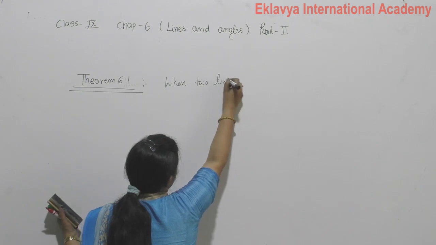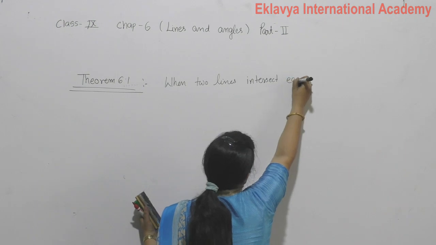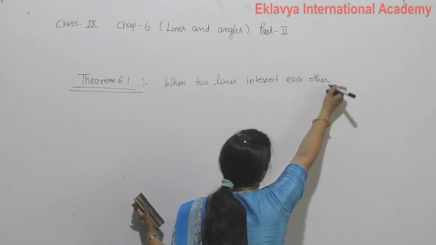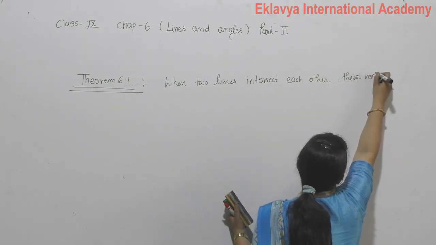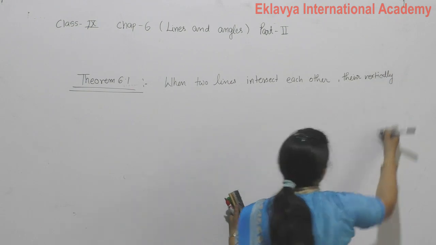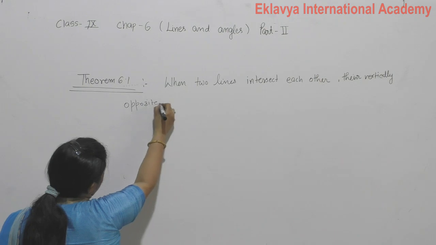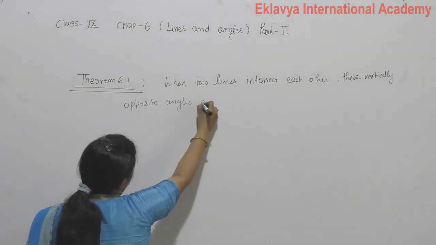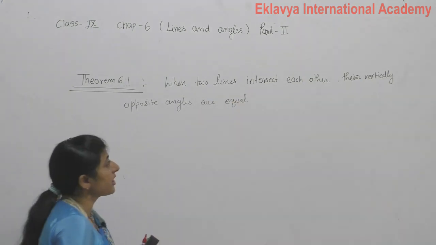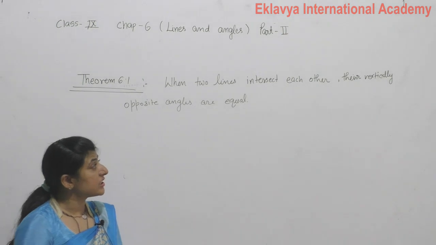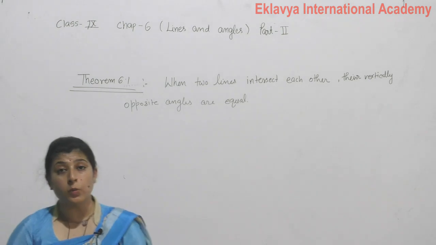When two lines intersect each other, their vertically opposite angles are equal. First theorem: when two lines intersect each other, their vertically opposite angles are equal.